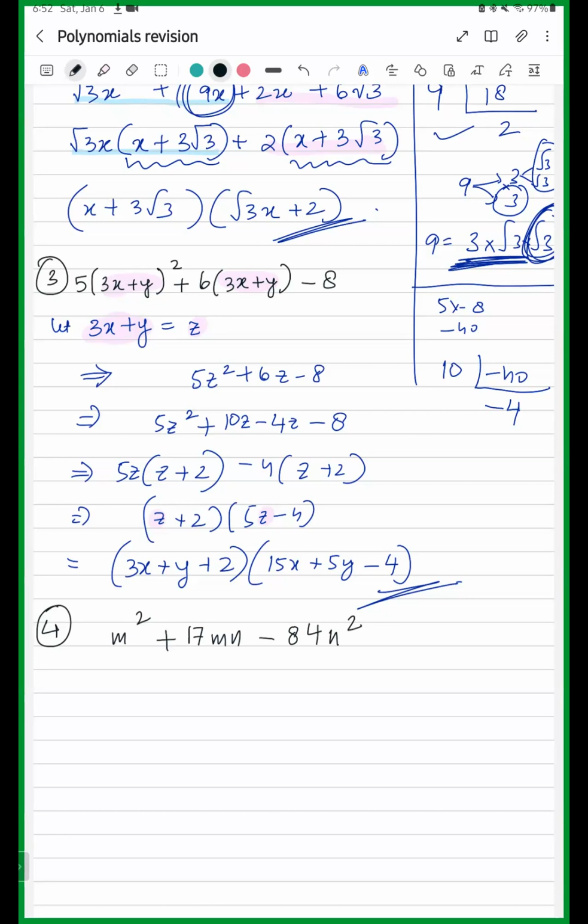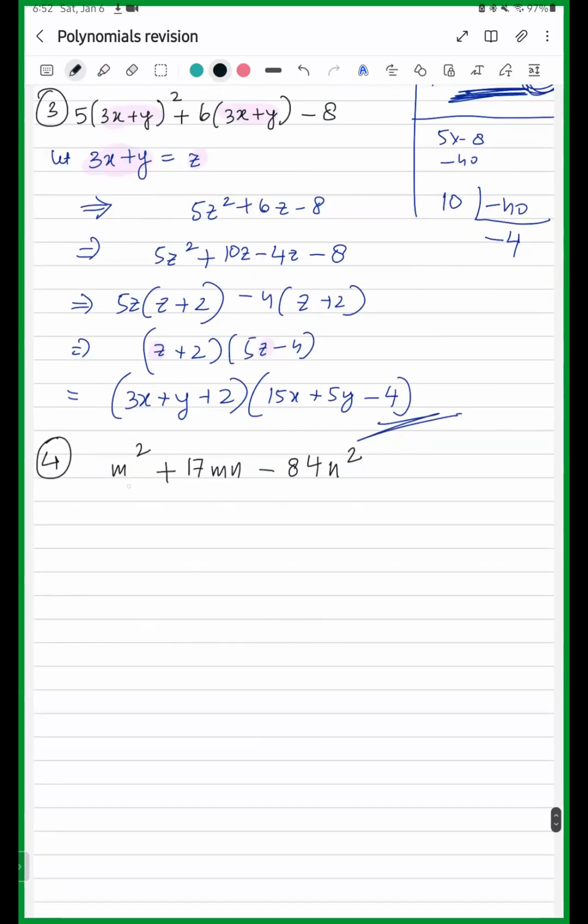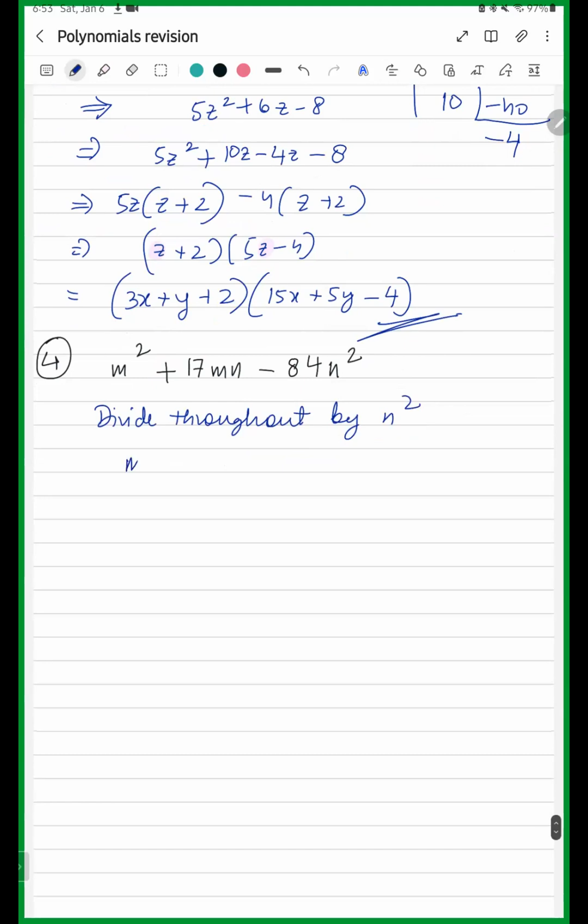Now let's do one thing. If you divide throughout by n square, what is this going to become? m square by n square plus 17mn by n square minus 84n square by n square.